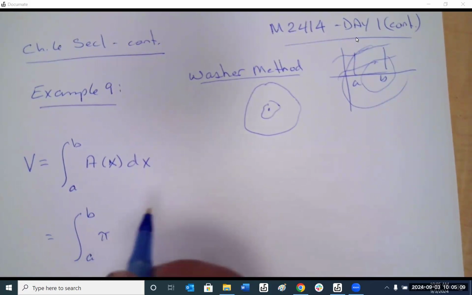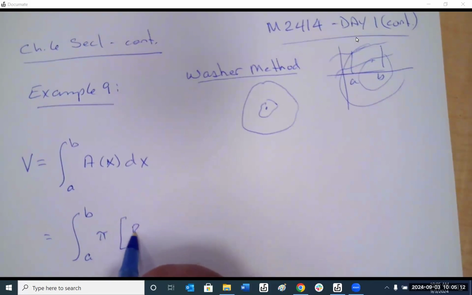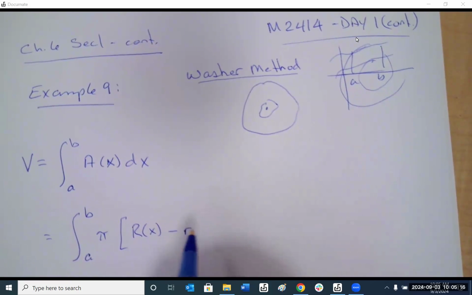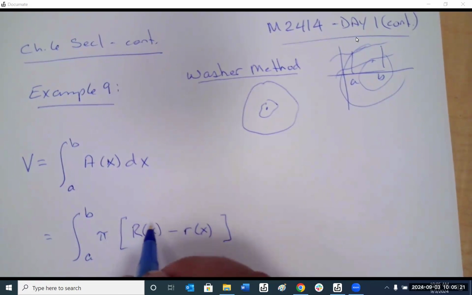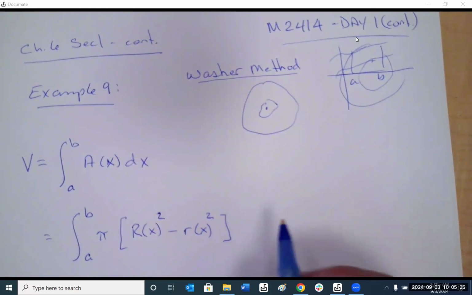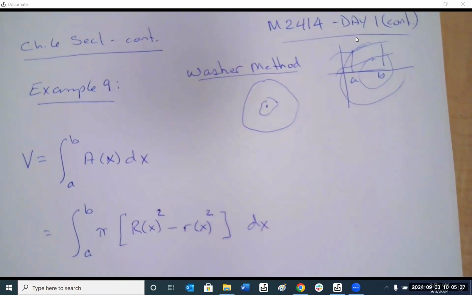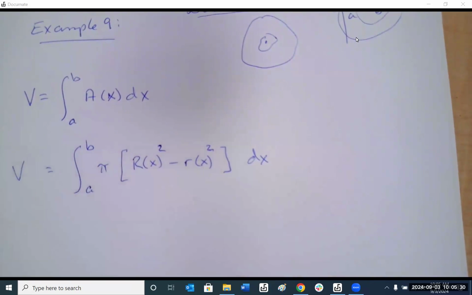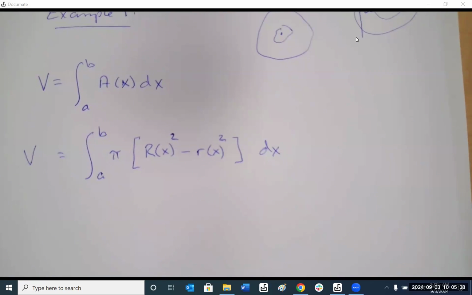Now what we have is the outer washer minus the inner washer, and we have to look at those individually. So this is the formula we'll be using now. The first thing you have to do is determine which one's the higher or the outermost washer, and then subtract the innermost from it.